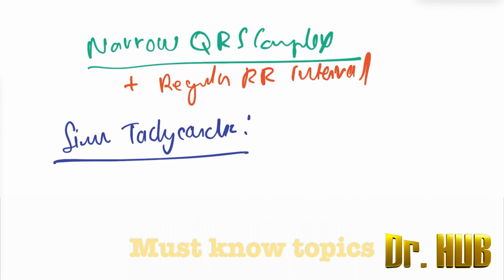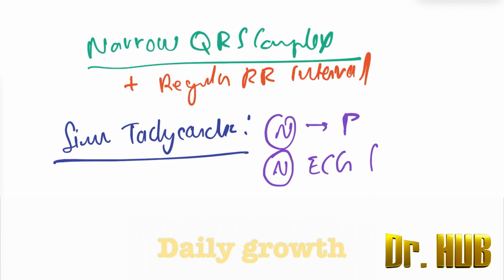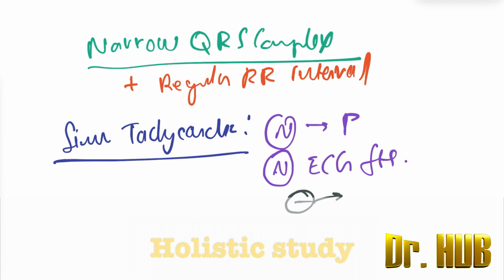Here the ECG finding is that there is a normal P wave and normal ECG features, with one exception, that is the rate. Except the rate, they have normal ECG features.